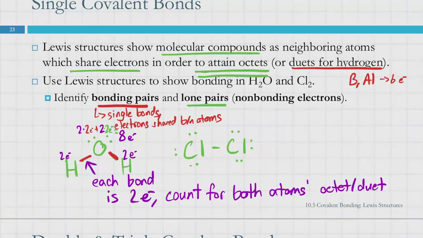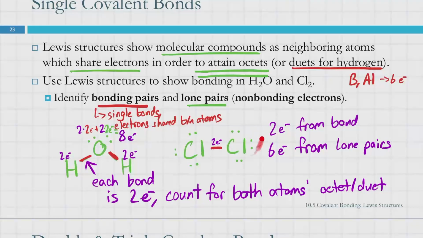For chlorine, we just have 1 bond between the 2 chlorines. So we've got 2 electrons from that bond, and six electrons from lone pairs.